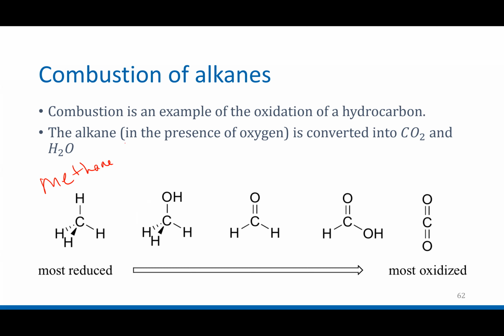As it slowly gets oxidized, it turns into an alcohol and an aldehyde, now a carboxylic acid, and then finally, this is carbon dioxide. All right, so as a hydrocarbon continues to get oxidized, we keep adding bonds to oxygen.